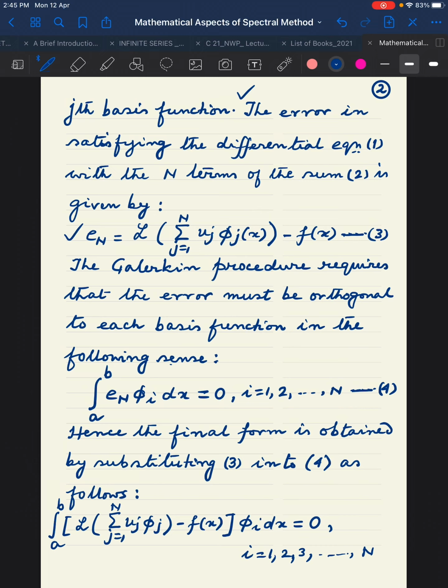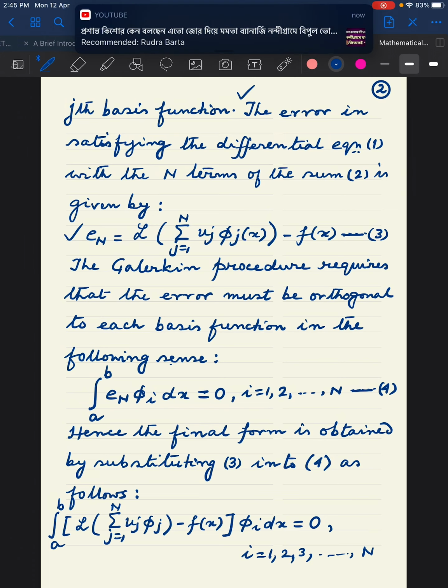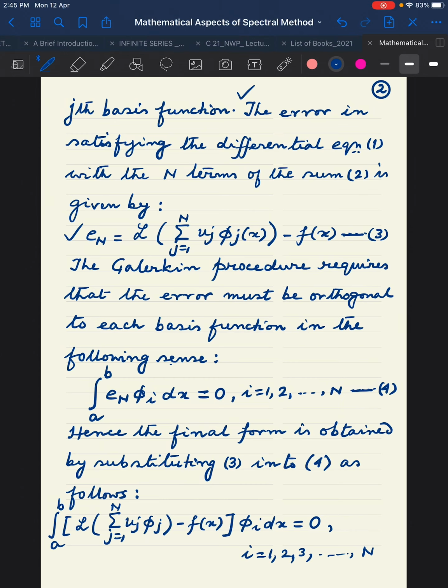Now the Galerkin procedure requires that the error must be orthogonal to each basis function in the following sense. It is a very important idea of the Galerkin procedure, because at the end of this lecture I will discuss in short the importance of orthogonal functions and basis functions.